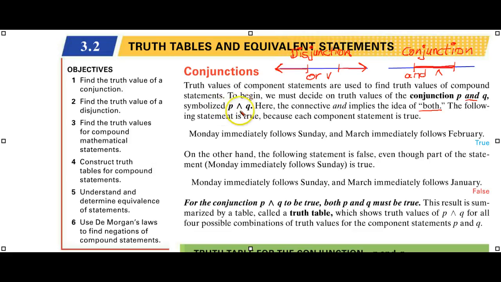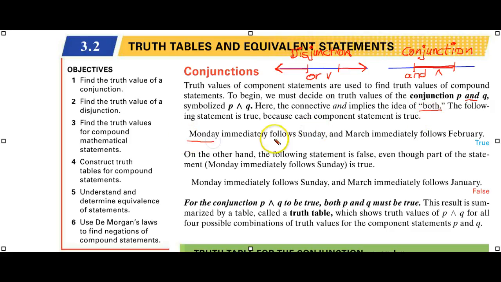So this is the conjunction of P and Q. Here it implies that the ideas of both P and Q are true. And they give this example.